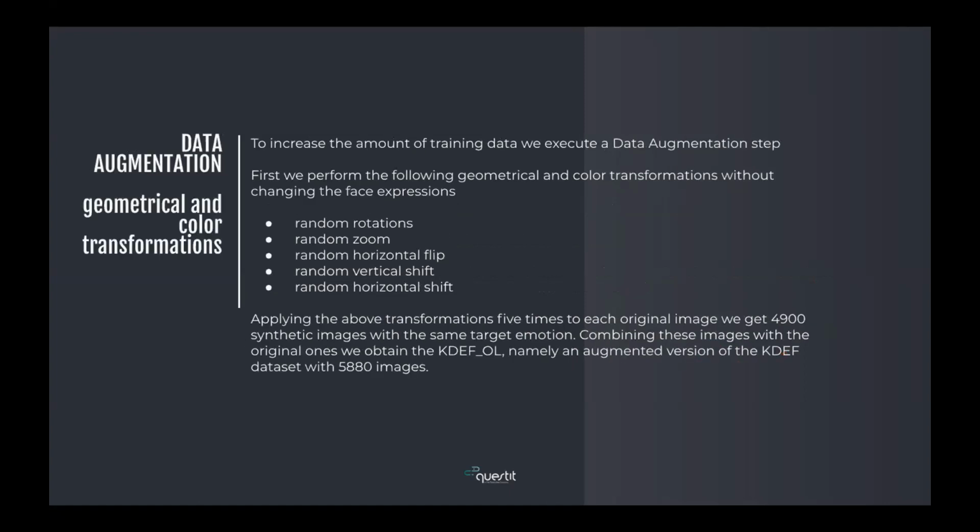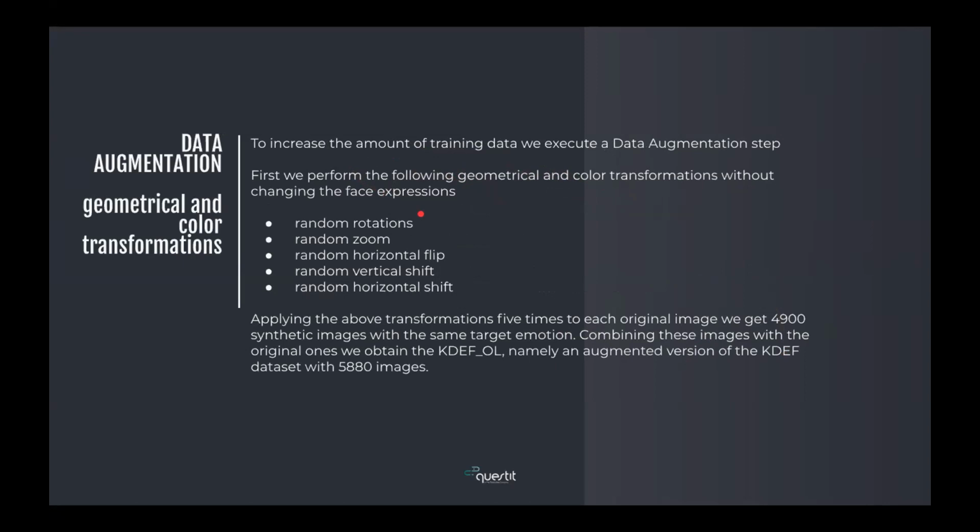About data augmentation, we make two steps. The first step is using geometrical and color transformations, which are transformations that do not change the facial expression.